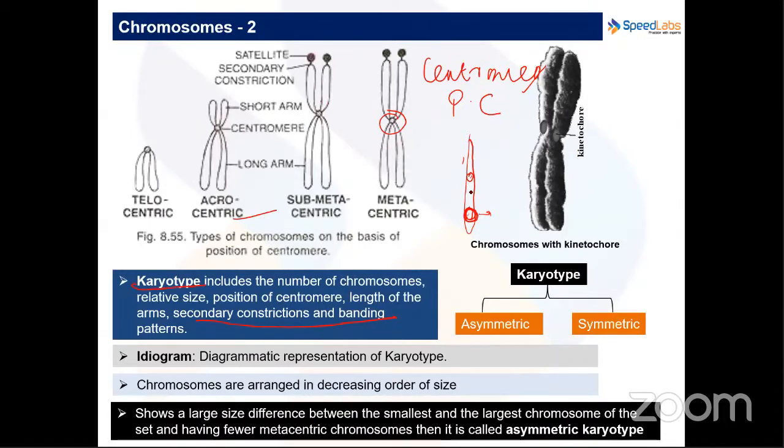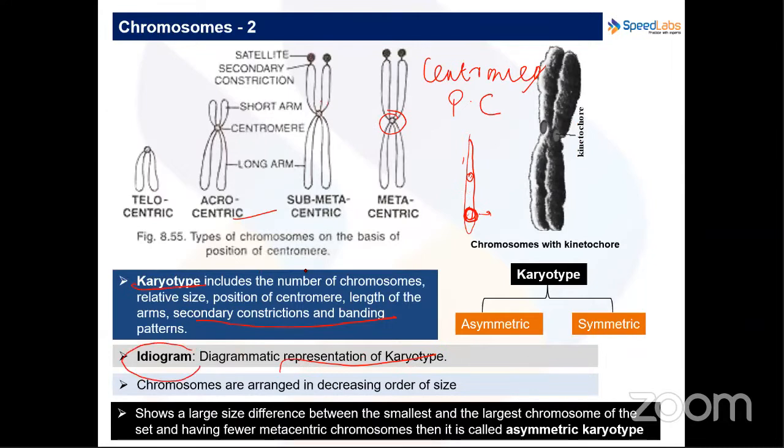Karyotyping means you are placing all the chromosomes together and studying them on the basis of their size, position of centromere, length of arms, the banding, the secondary constrictions and everything. And the diagrammatic representation is the ideogram.